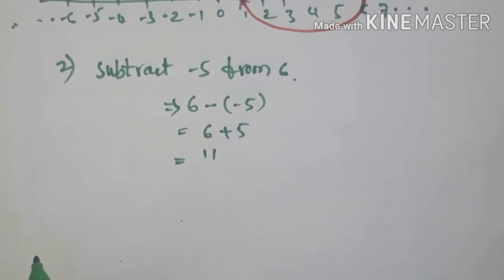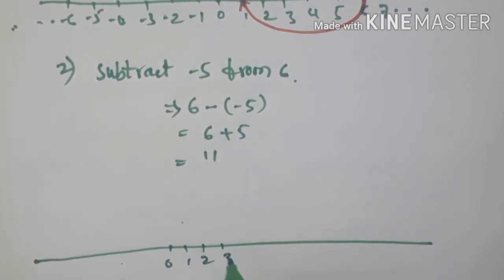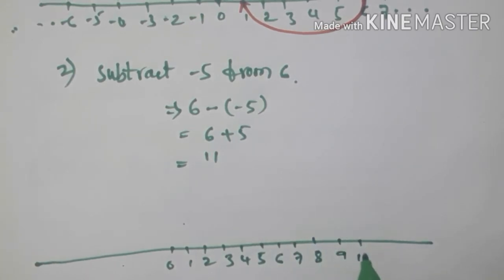Draw a number line and represent the numbers 0, 1, 2. Represent the values, and in this example you have first 6.